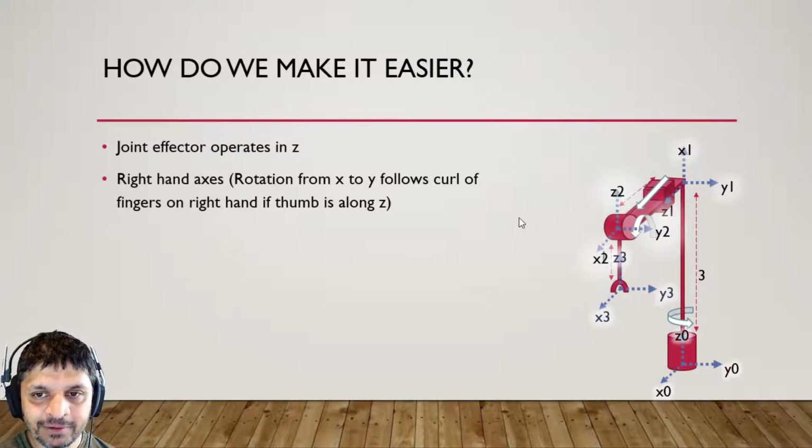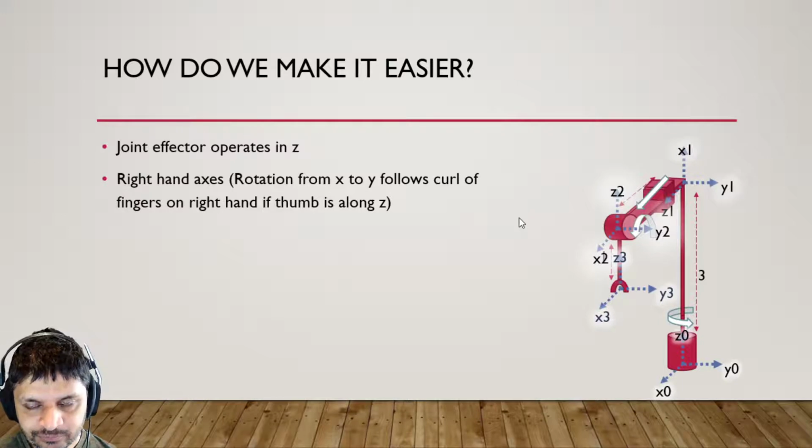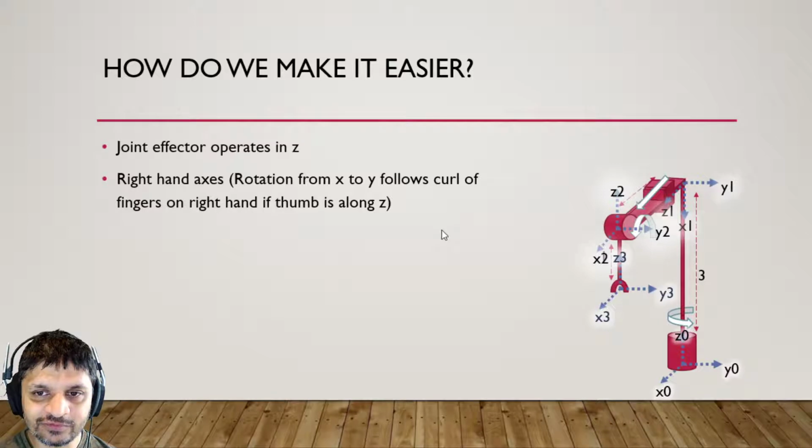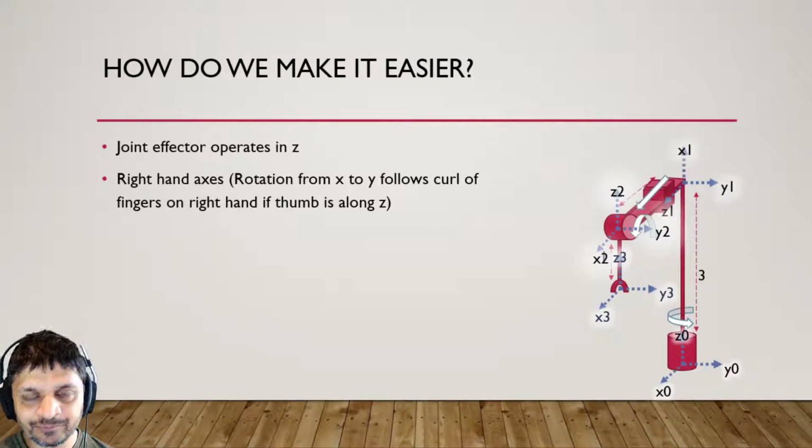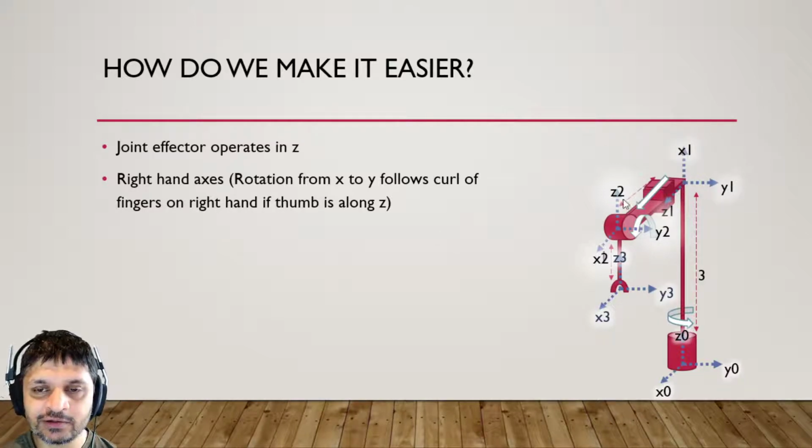Similarly, this joint rotates around here, so that can't be Y, right? This thing going to the side is going to have to be Z, because it's the axis of actuation.